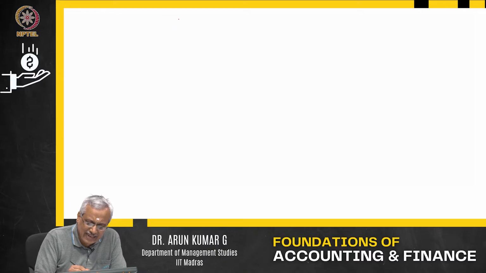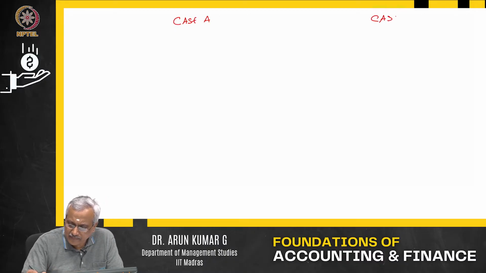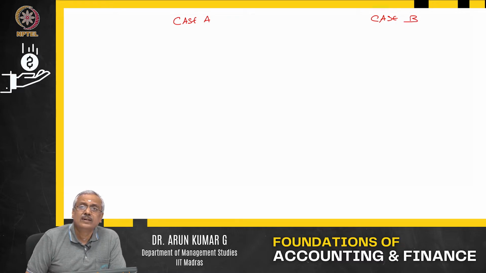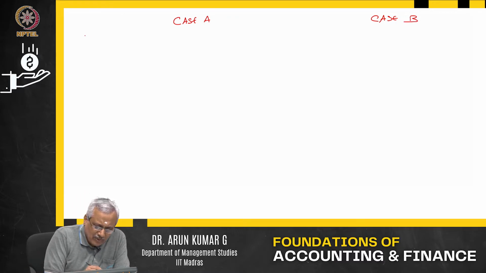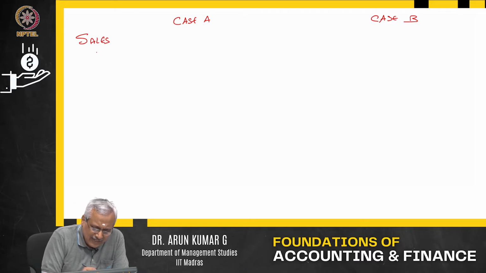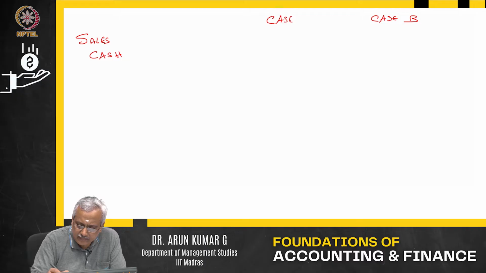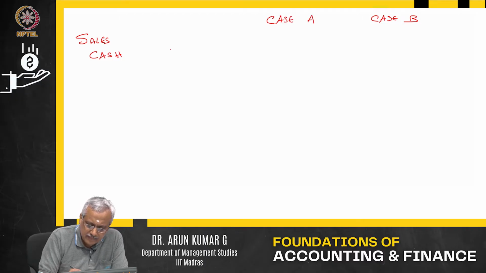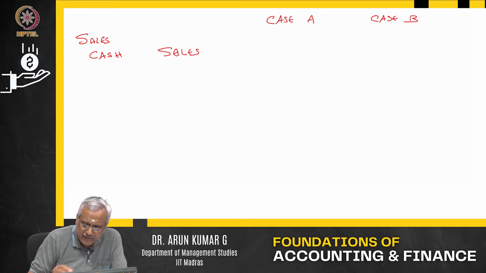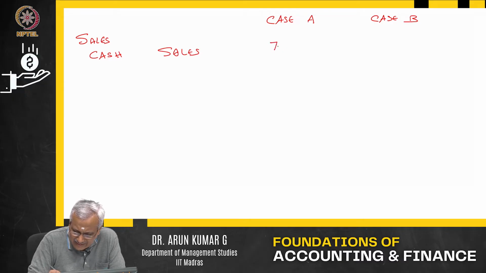Let us take case A, case B. Now, sales: there is cash sales, where cash sales for case A is 75,000.